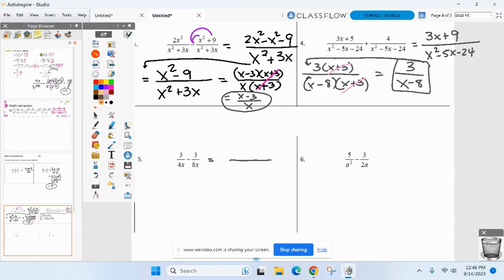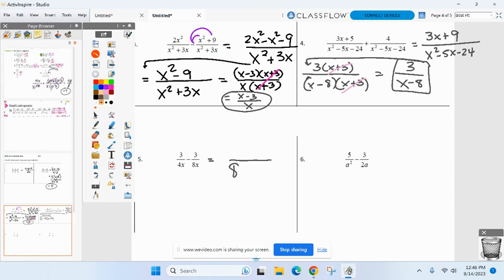Richie? 8. You might be thinking 2, but 2 goes into them. I'm looking for the smallest number that both of these go into. 8 doesn't go into 2, and 4 doesn't go in that way. So 8 is my common denominator.